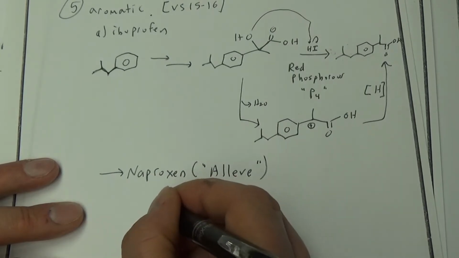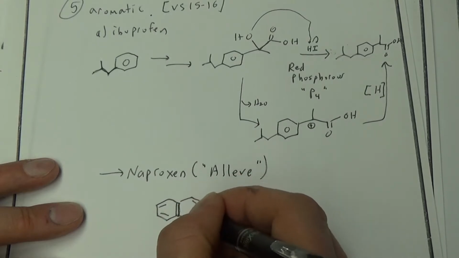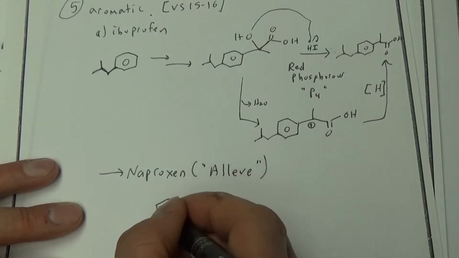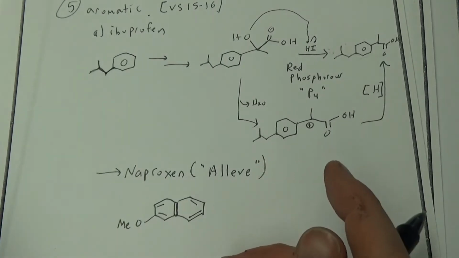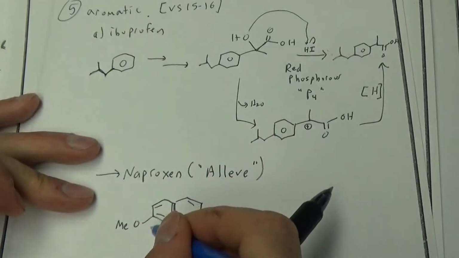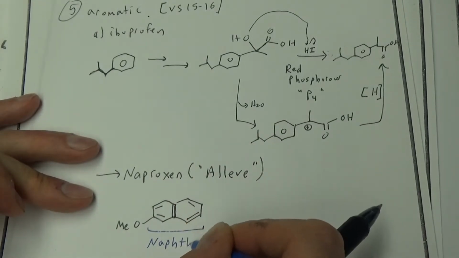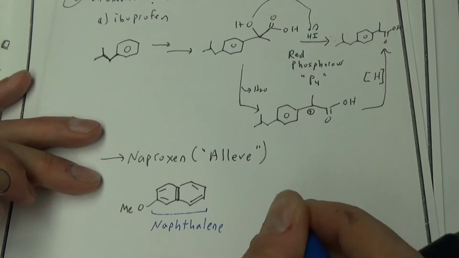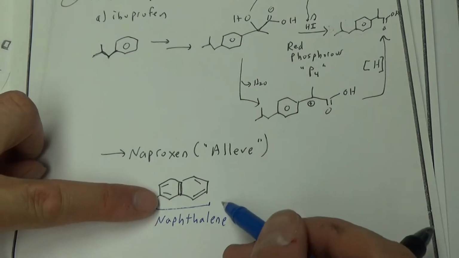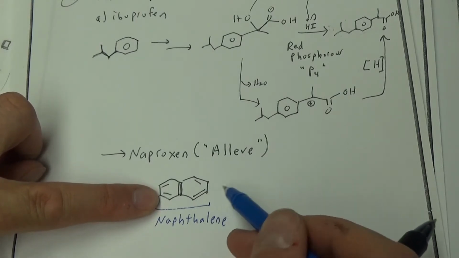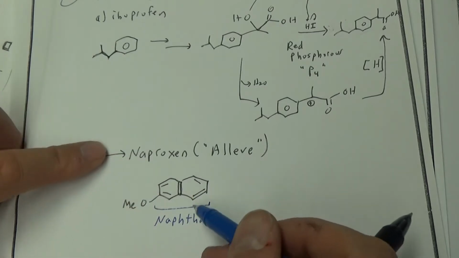So for naproxen, which is a naphthalene. What's a naphthalene? Well, this is naphthalene, also known as mothballs, so it kills moths. It's a fused aromatic system. So you have a benzene and another benzene. That's called naphthalene.